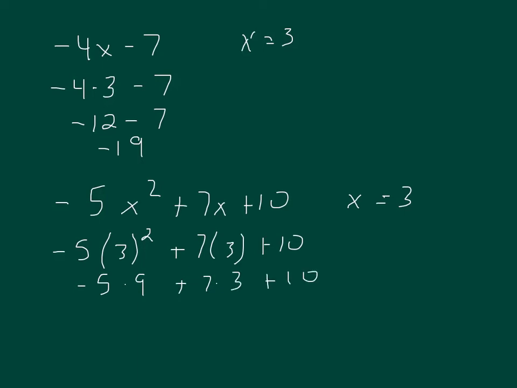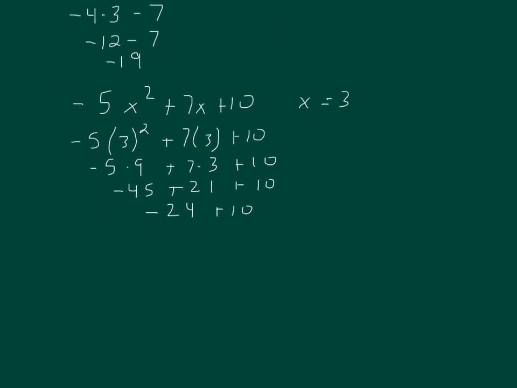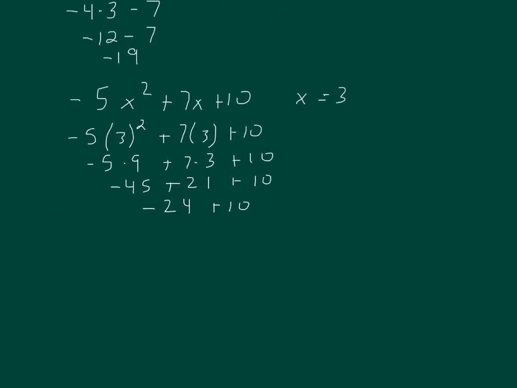Negative 5 times 9 is negative 45, plus 21, plus 10. Negative 45 plus 21 will give you negative 24, plus 10. Let me shrink this up a little bit. And that will give you negative 14.